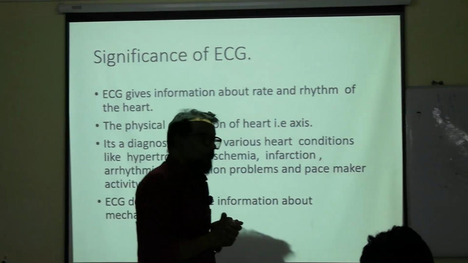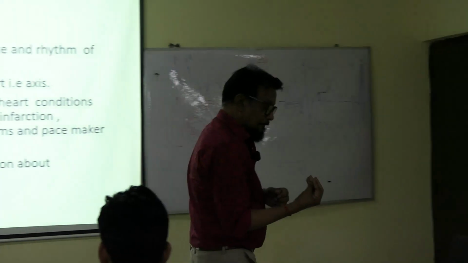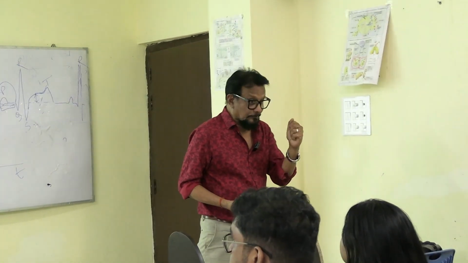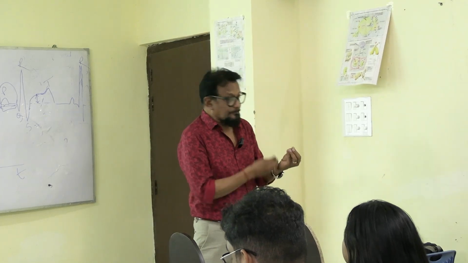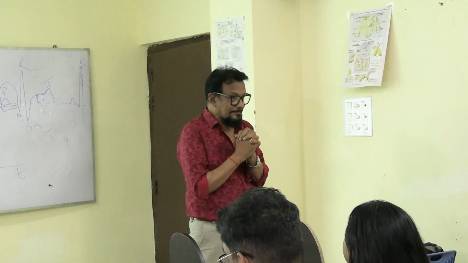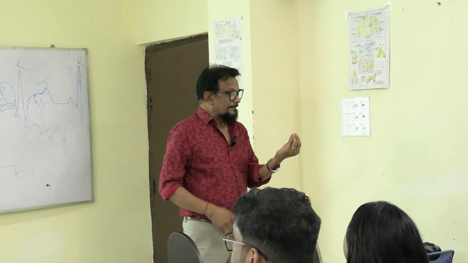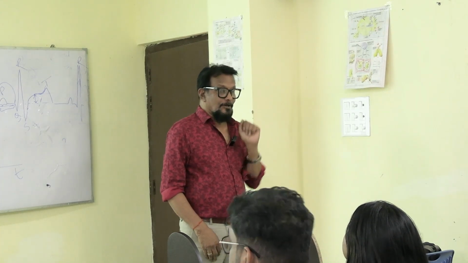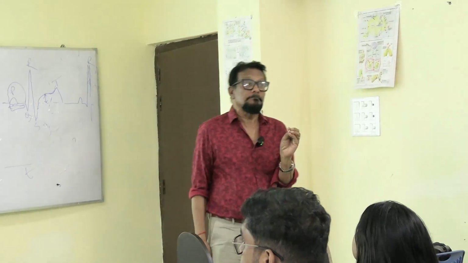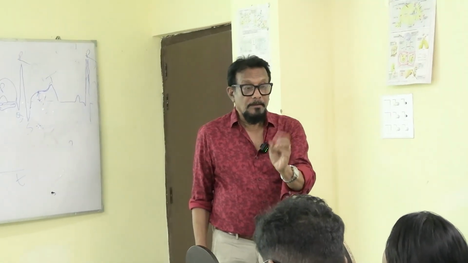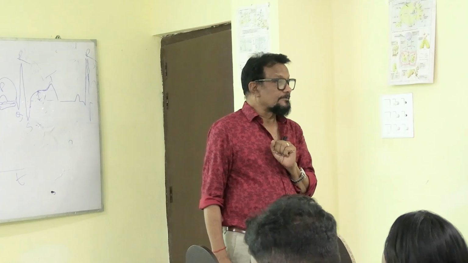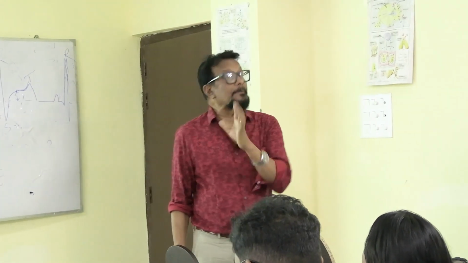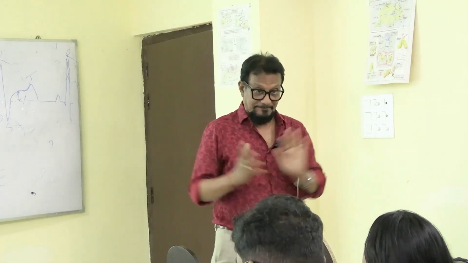For a heartbeat, we need to develop a cardiac impulse in the SA node. Because of this impulse our heart beats. We also know this impulse can come from the AV node, the bundle of His, the atrial muscle, or the ventricular muscle, but this is normally not seen.